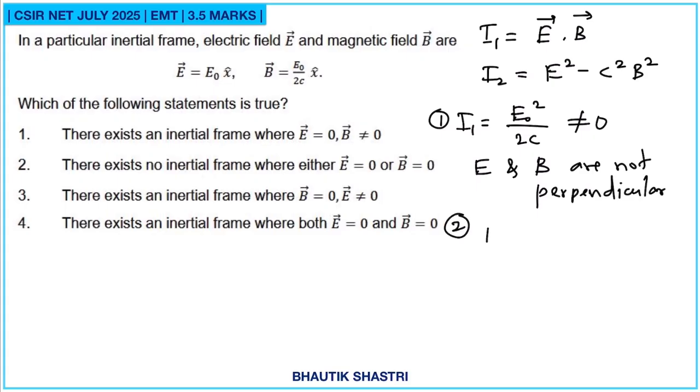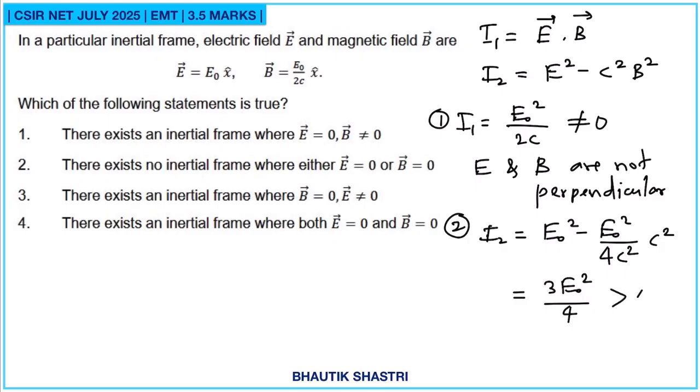Second, we have E square minus C square B square, which is I2. So let's take the mod. This will be E naught square minus E naught square by 4, which is equal to 3 E naught square by 4, with C square also there. So again, this is greater than 0.